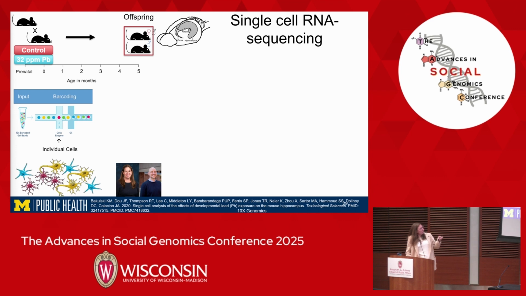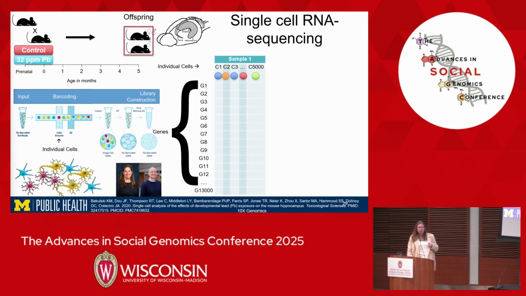So each cell starts going through the tube, and it gets linked up into a little oil droplet that has barcodes in it. So then when you lyse the cell, all of the RNA transcripts get labeled, and you can go back and tell which cell they came from. So now we go on and sequence those barcoded stretches, and we know what cell our observations come from.